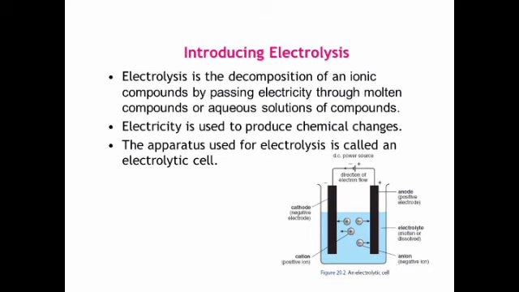And number two, the time of flow of the current. The T part of the Q equals IT. So the mass of element discharged during electrolysis is proportional to the magnitude of the current, how much current, and how much time it takes for the current to flow.